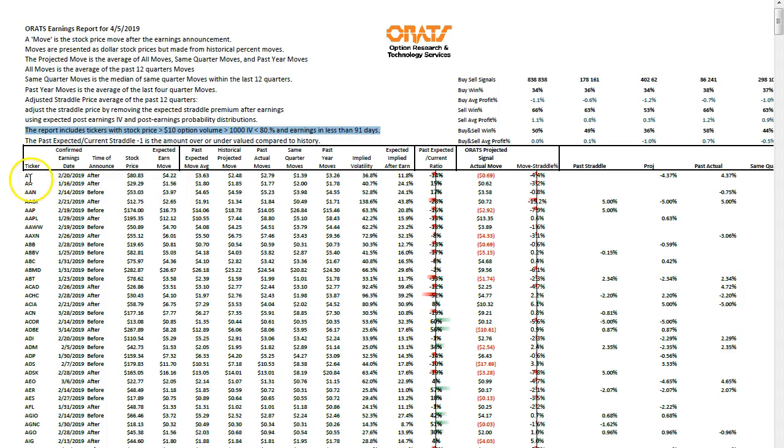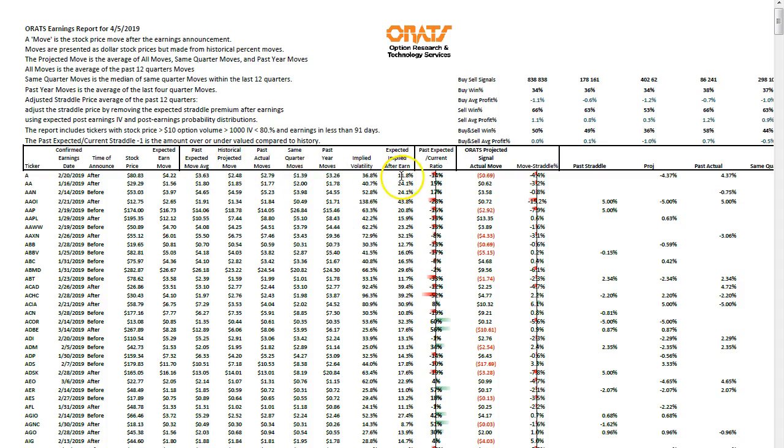So in this case, you see Agilent, and when its historical earnings was, what the price at that point was, what the move that was expected was, what the past expected moves were, all the same data that we talked about, the historical. These are actual moves, this is the expected moves.